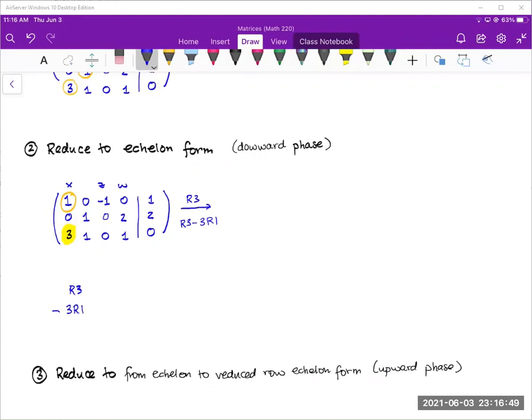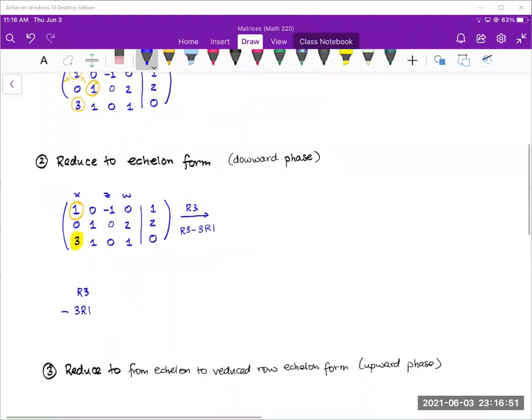I'm going to write out my row 3, which was 3, 1, 0, 1, augmented with 0. And then I'm going to subtract 3 times row 1. So that'll be 3, 0, negative 3, 0, 3. I've just multiplied everything in row 1 by 3. You can do that as a separate step if that makes you feel more comfortable.